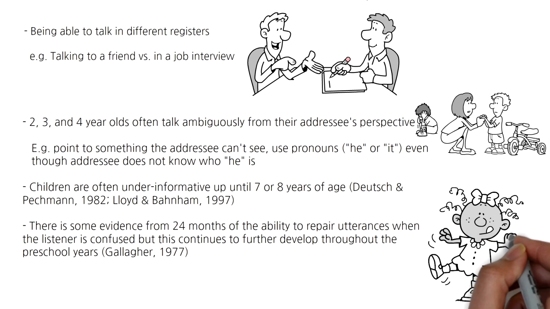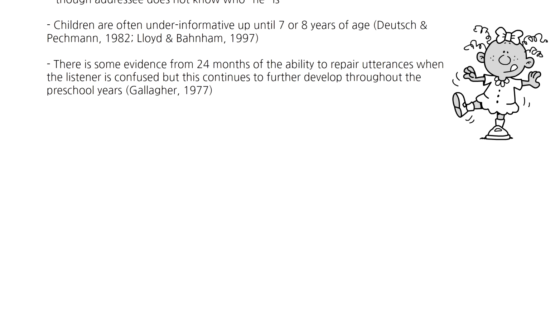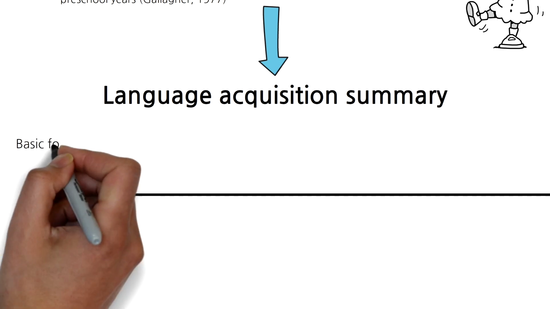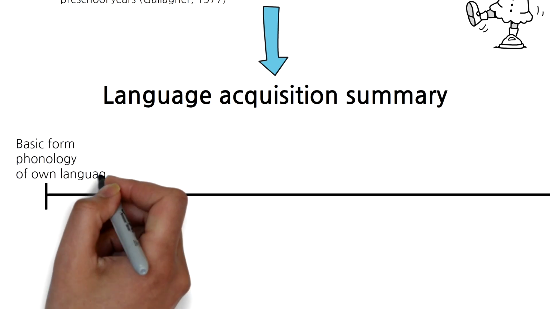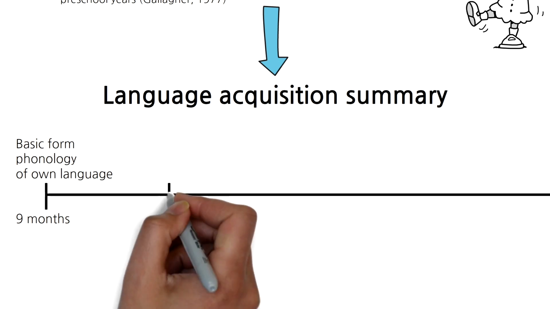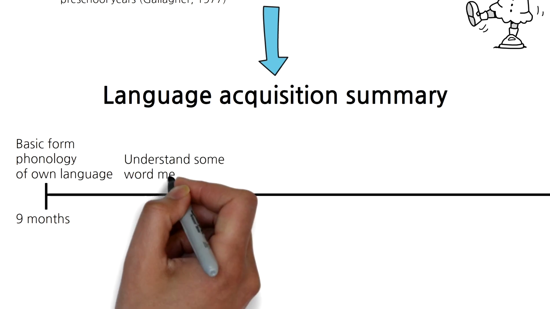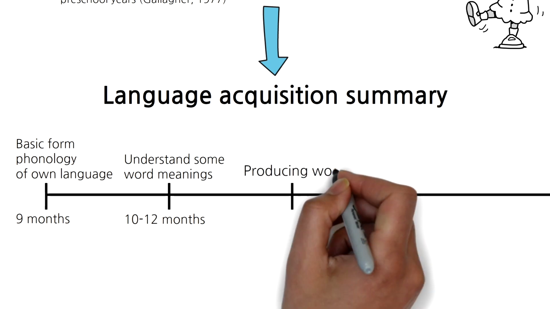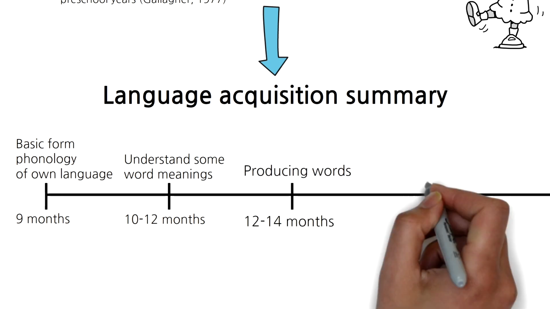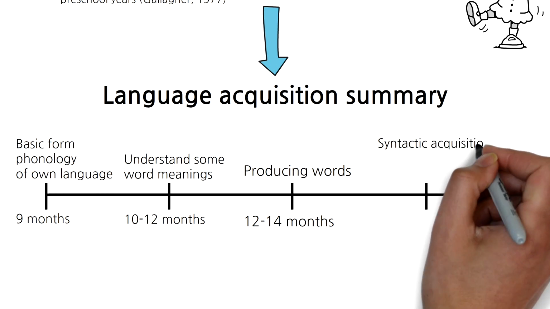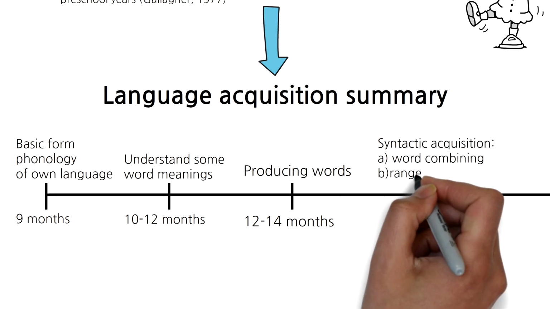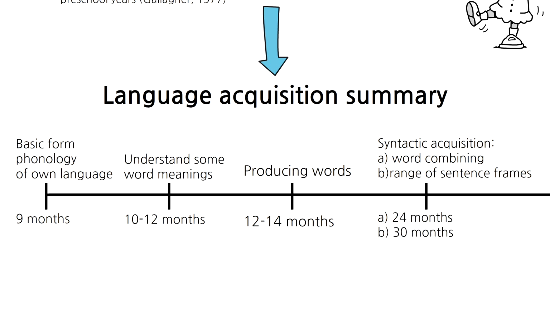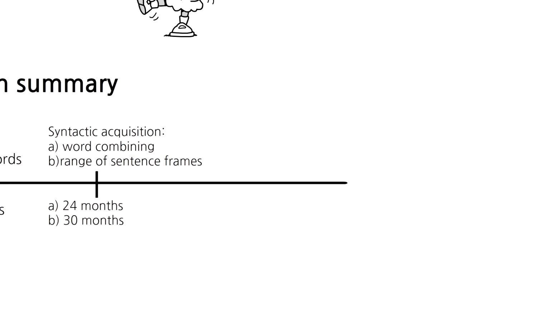So let's break down by months a summary of language acquisition. The basic form of language, so your phonology of your own language, is established by approximately 9 months. Understanding some word meanings is between 10 to 12 months. Producing words happens between 12 to 24 months, and syntactic acquisition can be broken down into word combining, which is typically around 24 months, and a range of sentence frames, which is typically around 30 months.